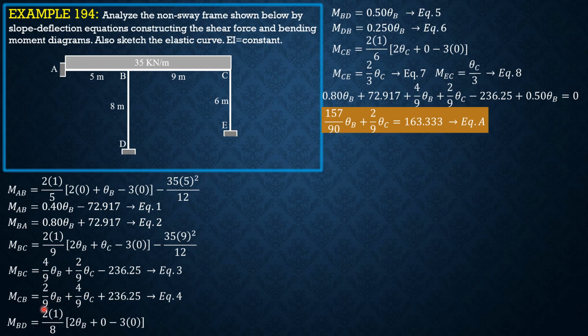MCB is this one, 2/9 theta B plus 4/9 theta C plus 236.25 plus MCE, which is 2/3 theta C, equals 0.